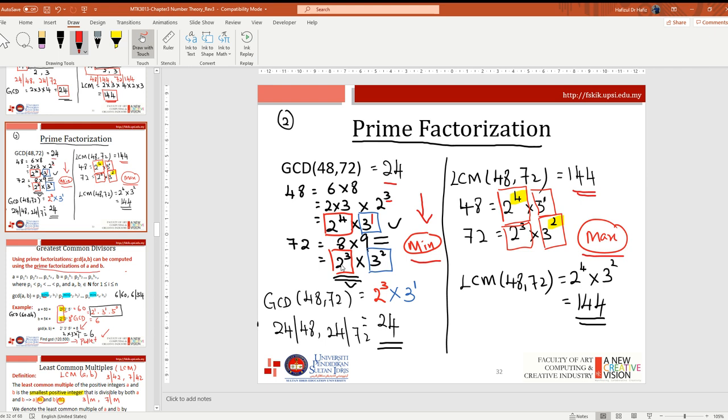For the minimum, 2 power of 3 is the minimum, so 2 power of 3 multiplied by 3 is 24. And then for the LCM, we choose the maximum. For the least common multiple, we choose 2 power of 4 multiplied by 3 power of 2. Maximum means the highest power lah. And the answer is 144.